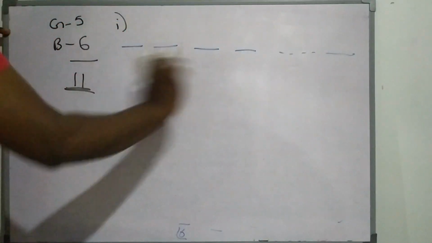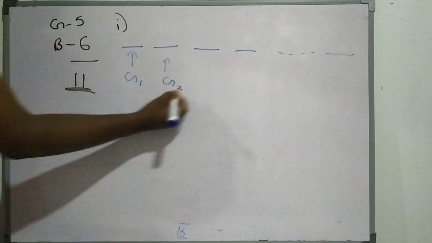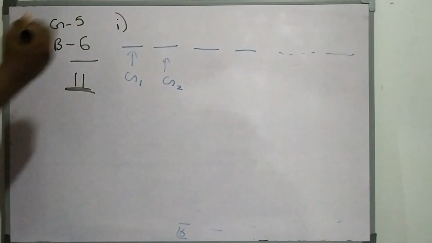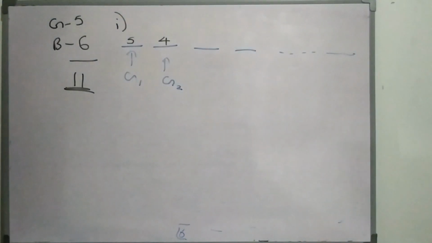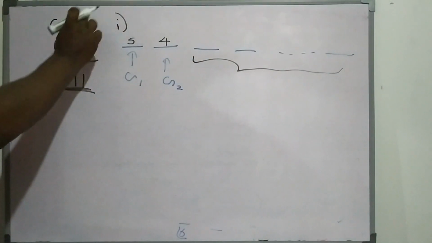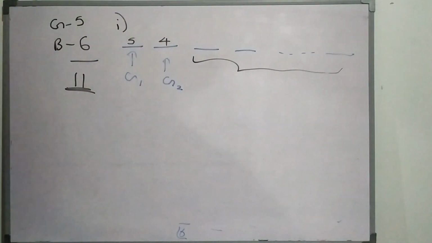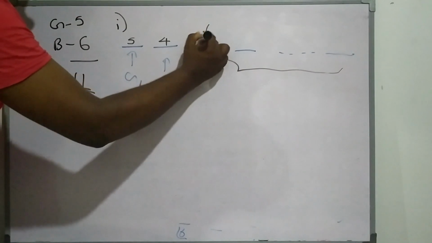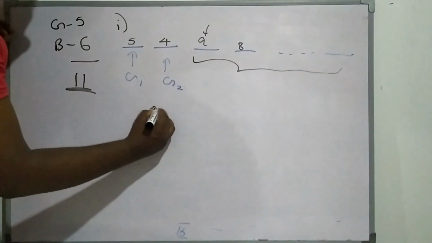And the first row number, the first 2 should be girls, no? I put a particular girl and another particular girl in, and it will be 5, 4, right? And the others can be 6 boys and 3 girls, which means we can write 9, 8, 7, likewise up to 1.